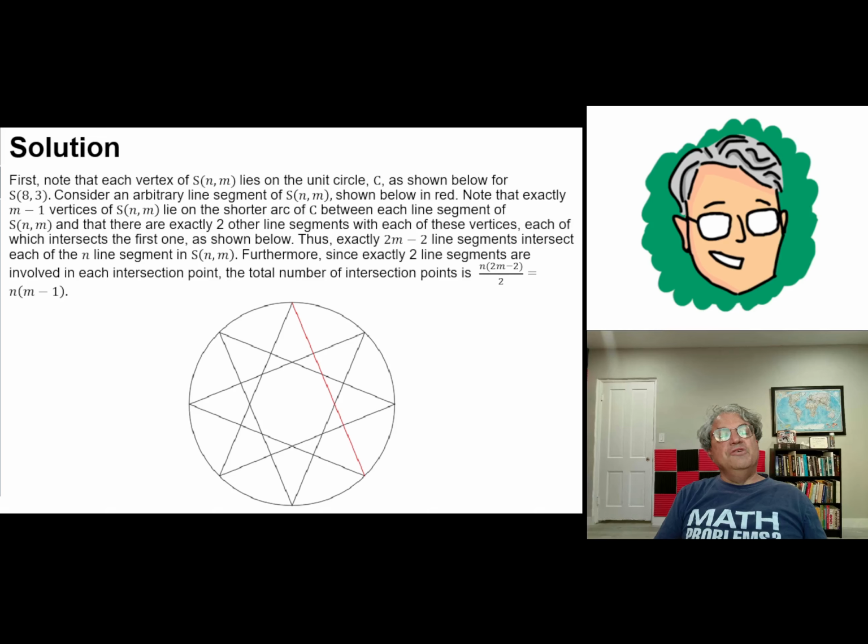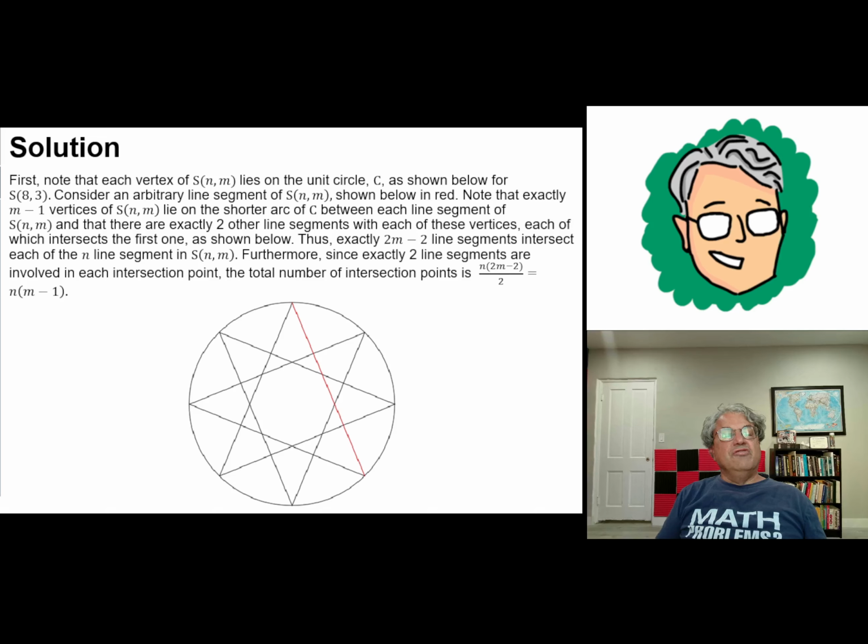So the first thing you should notice is that if you just look at the shorter circular arc between this red line segment, it goes 3/8 of the way around. In general, it's going to go a total of m over n of the way around the circle. And I think you can also see that there's going to be, in general, m minus 1 vertices along that shorter arc between the red lines, shown in this case just 2.